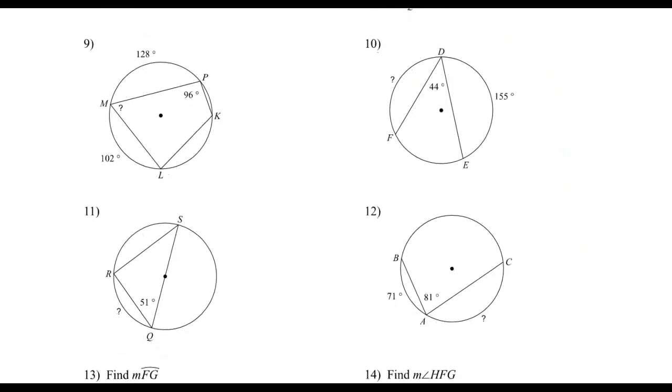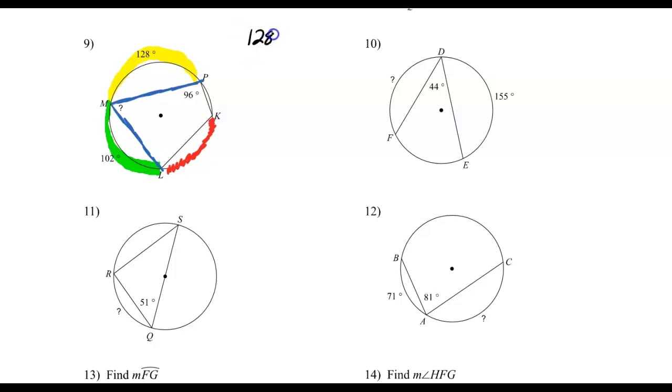In problem number 9, we're trying to find this angle that I'm highlighting in blue, which means I need this red arc. So I know this yellow arc is 128. I know this green arc is 102.